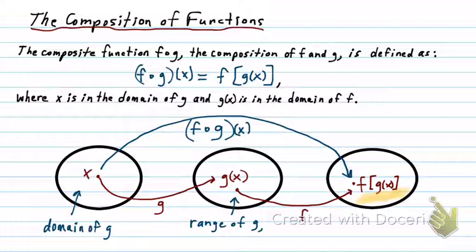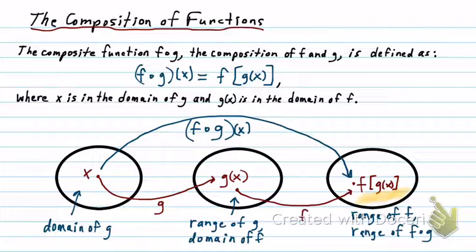So this is the range of the g function, but it's also the domain of the f function. Because we're plugging these values into the f function, notice the output over in our last set here is the range of the f function, or you could think of it as the range of f of g of x, or f of g. Alright, so that's the basic idea.